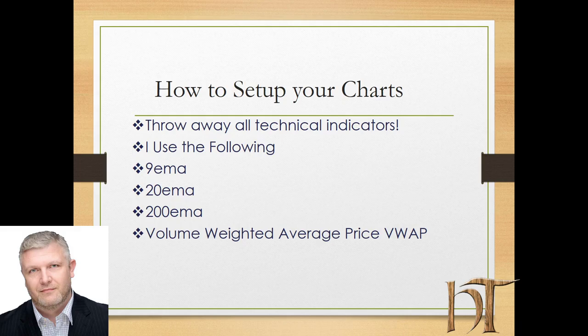I look at the VWAP, and it's a good indicator of the direction that a stock is taking. Why is that? Well, quite frankly, if the candles are all starting and completing above the VWAP, that means we're in an upwards direction.